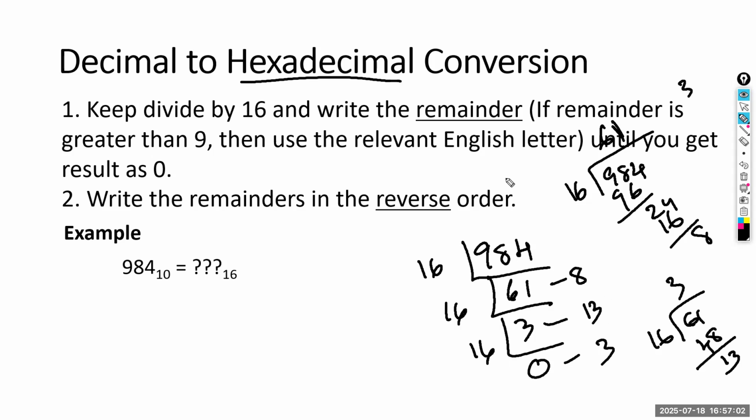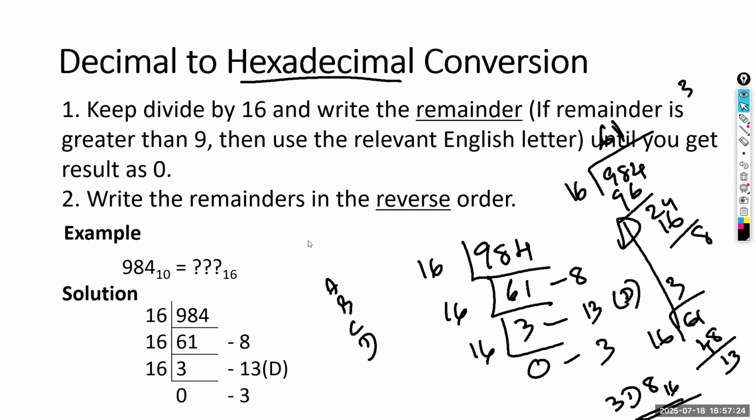Now what is 13? Remember A, B, C, D: 10, 11, 12, 13. So 13 is D. Now you write it like this: 3D8. Final answer is 3D8.